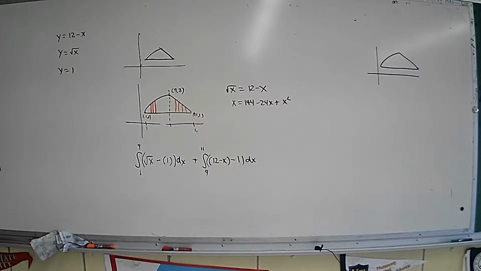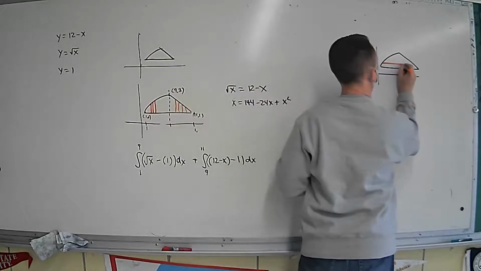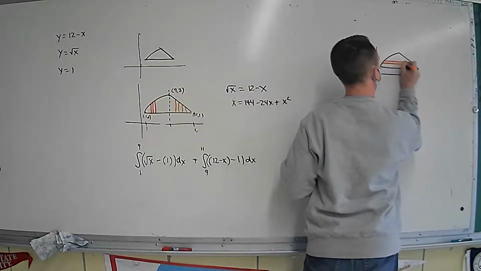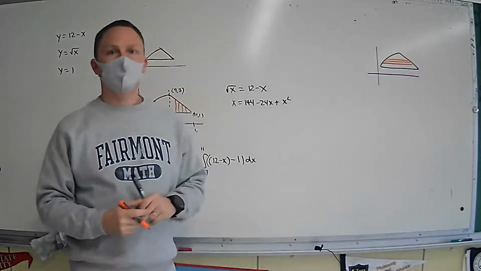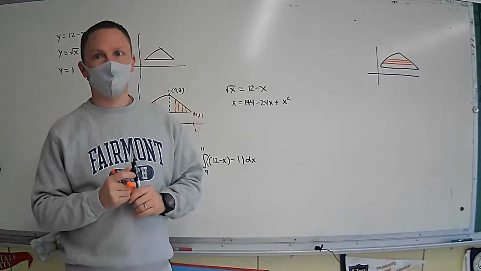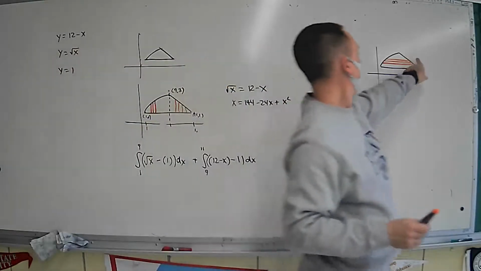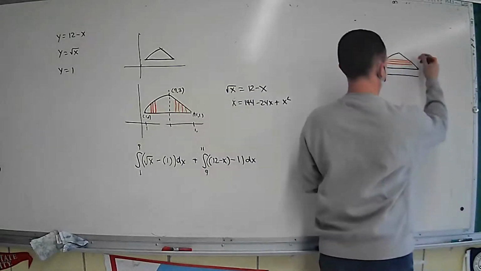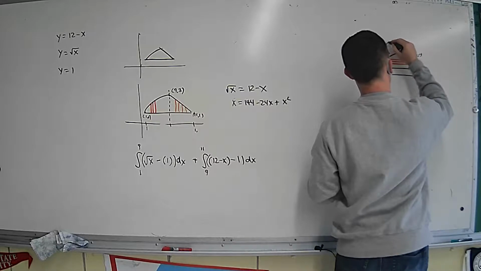And if I stack those rectangles up like pancakes, which one's on top? On top, the line, right? This is 12 minus x. And this one's square root of x again, right?